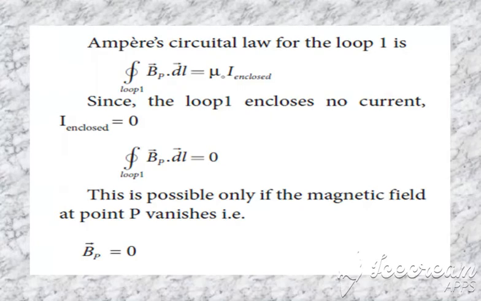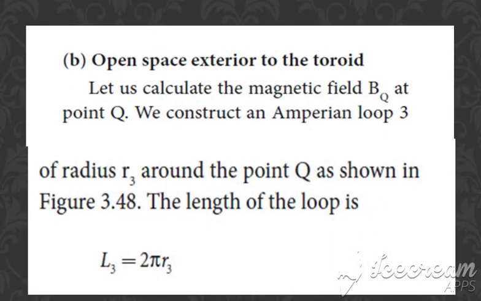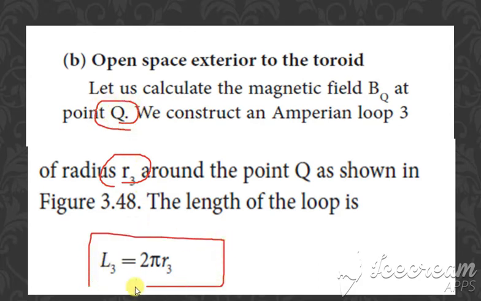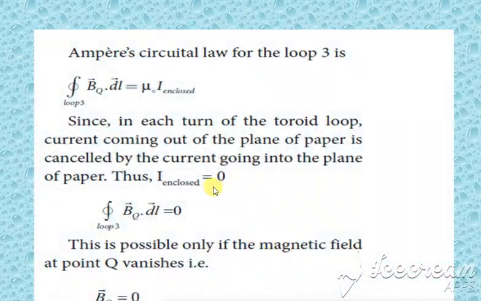In the same way, consider the point exterior to the toroid. The radius is R3 and the point is Q. So L3 is equal to 2 pi R3. Same way, consider B dot dl. Here also it encloses no current, since it is outside.